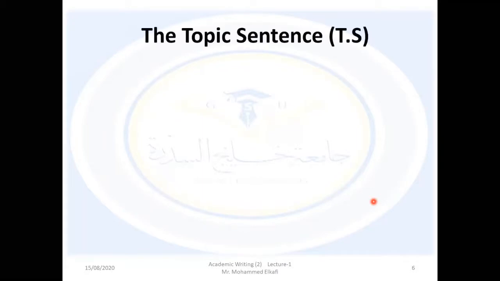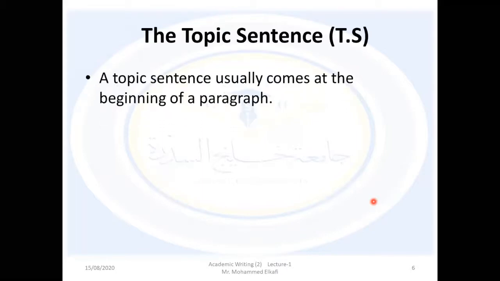So the topic sentence has some characteristics. When we talk about paragraphs, that means we have topic sentences. When we have one paragraph, we'll have only one topic sentence. So each paragraph should include one topic sentence. A topic sentence usually comes at the beginning of a paragraph.